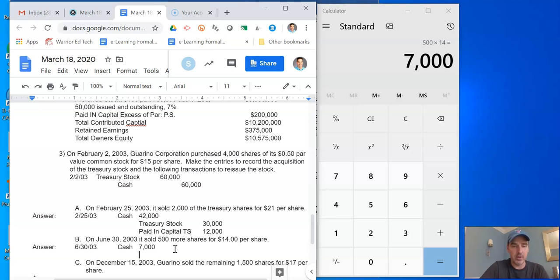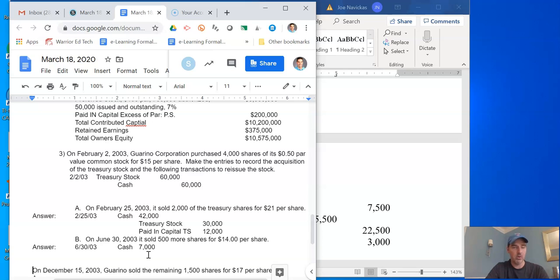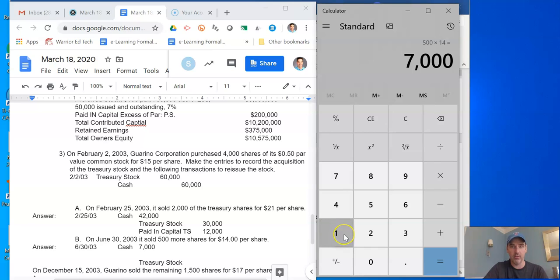And then the treasury stock, we've got to remember we bought it back at 15, so that's our amount. So this one gets a little tricky because we bought it back at 15, and now we're selling it at a price that's slightly lower. So that treasury stock is reversed out at the 15 we bought it for.